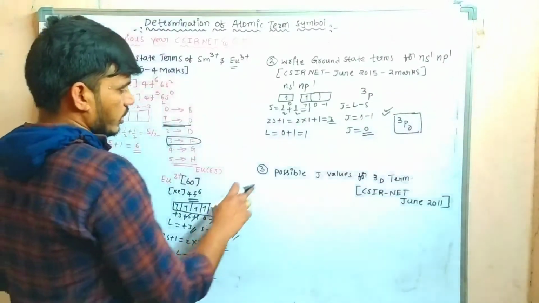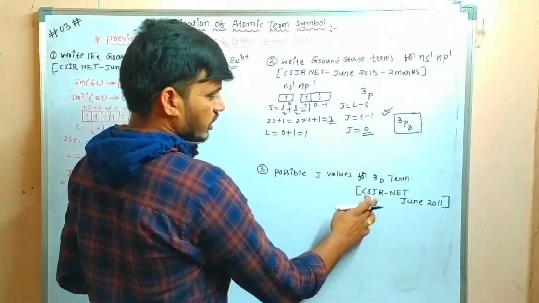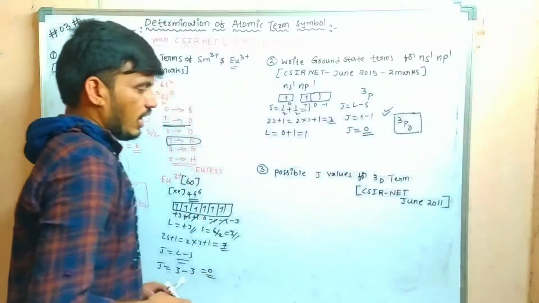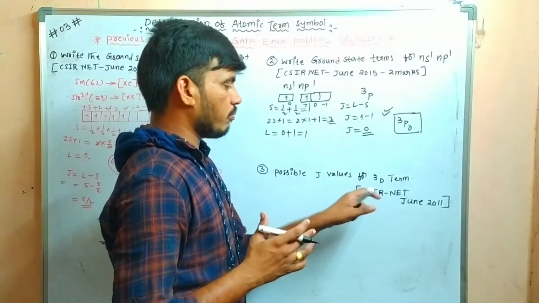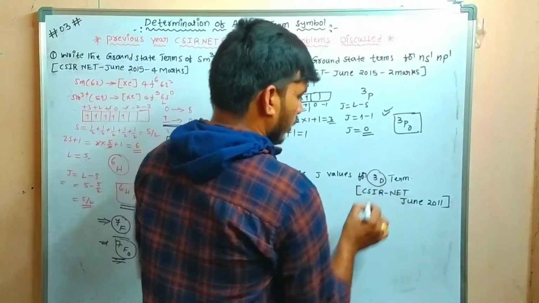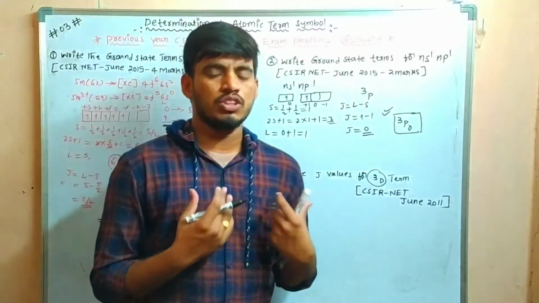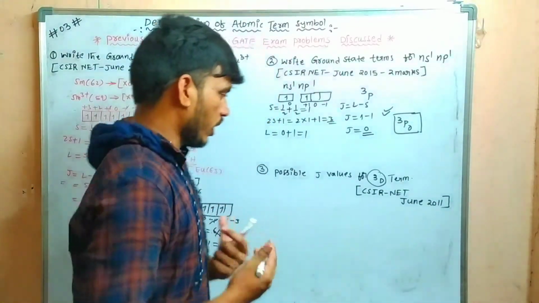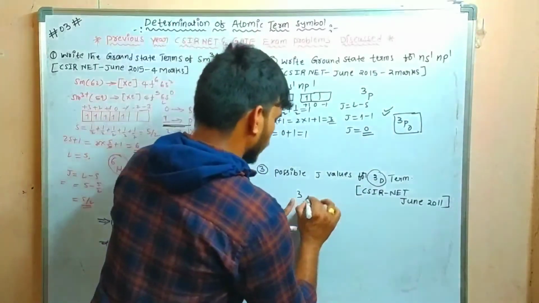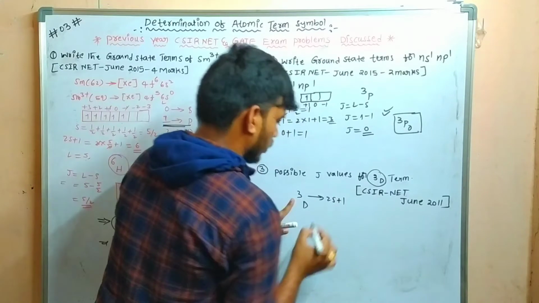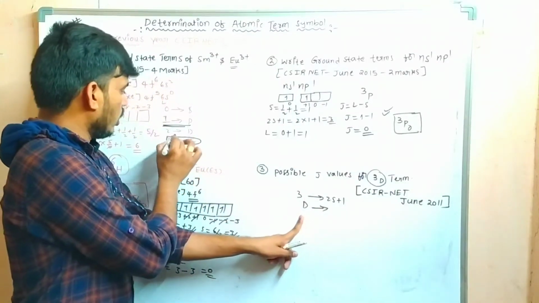One more question: possible J values for the 3D term. This question was given in CSIR NET June 2011. Here the 3D term is given, friends, and we have to find out the possible J values for it. In the 3D term, 3 is nothing but the spin multiplicity value 2S plus 1, and D is the term symbol, so L value is 2.